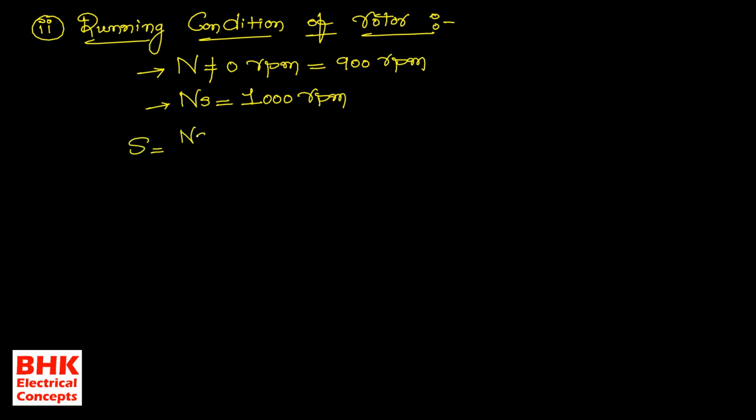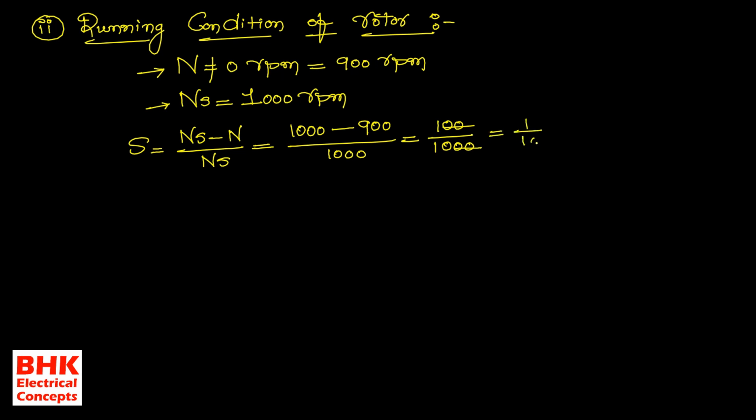So s is equal to ns minus n divided by ns, that is 1000 minus 900 divided by 1000. Here you get 100 divided by 1000, so you get 1 divided by 10. We can directly say 0.1, so s is equal to 0.1 slip.